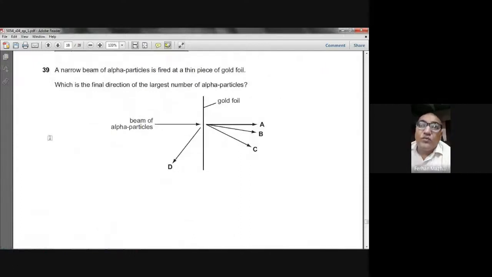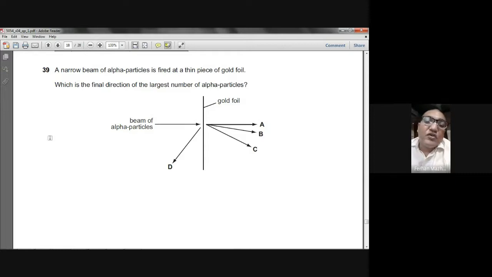A narrow beam of alpha particles is fired at a thin piece of gold foil. What is the final direction of the largest number of alpha particles? So this is the Geiger and Marsden experiment. They took a very thin gold foil and bombarded alpha particles on it.